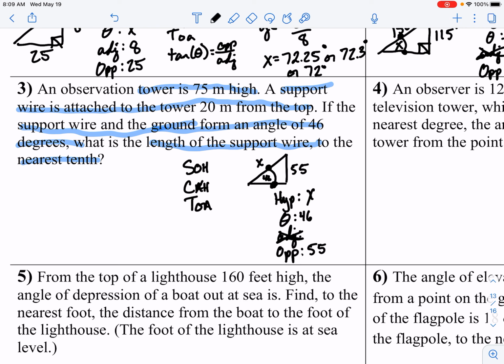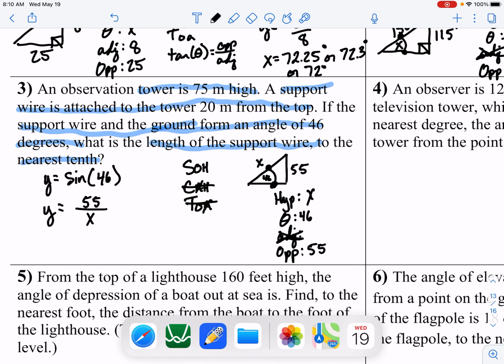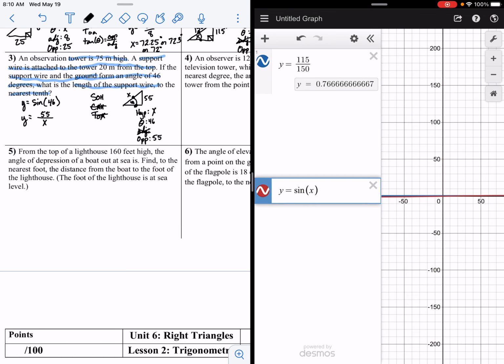Because I cross out adjacent, I get rid of the cosine and tangent equation. And I have y equals sine theta, which is 46. Y equals opposite, which was 55, over the hypotenuse, which is X. Once I do that, I just go to Desmos.